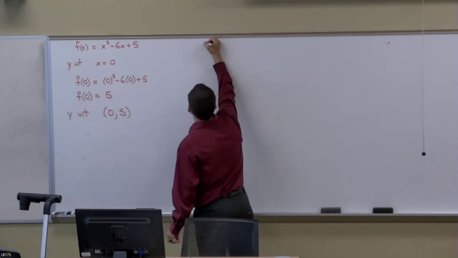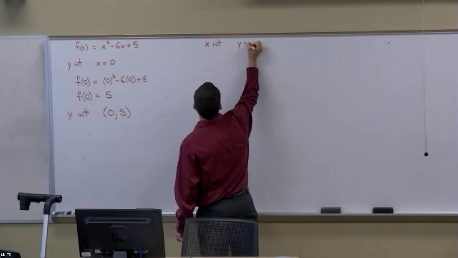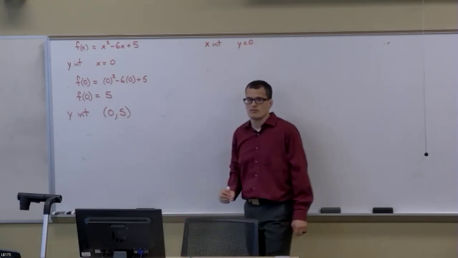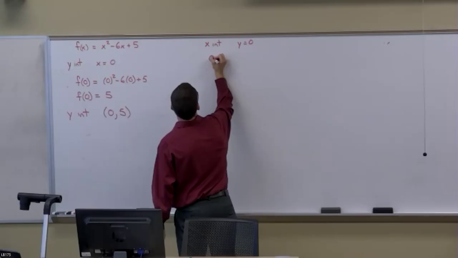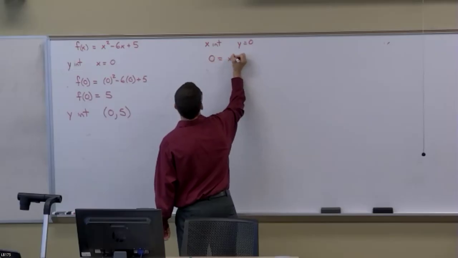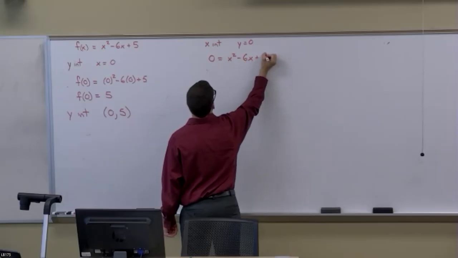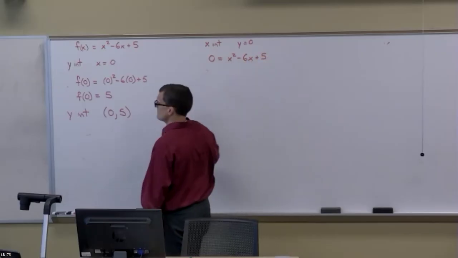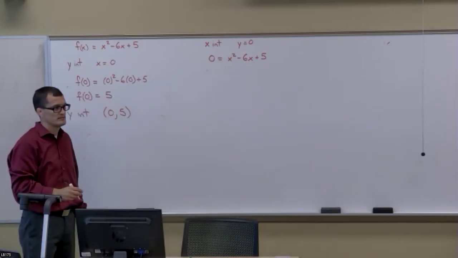For the x-intercept, we're plugging in 0 for y. So my output is 0. It doesn't matter if the 0 is on the left or the right-hand side of the equal sign.